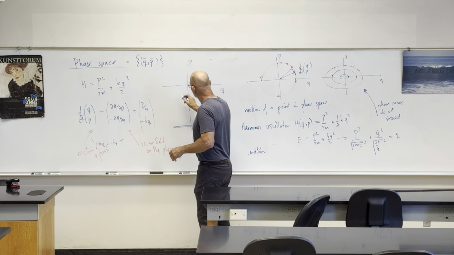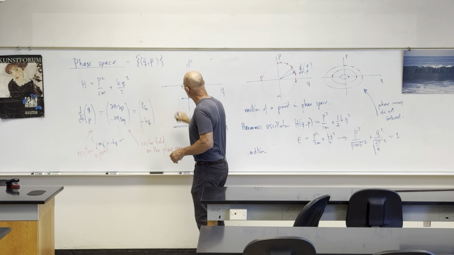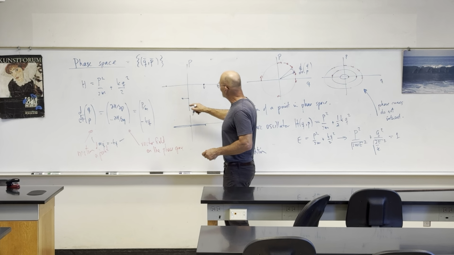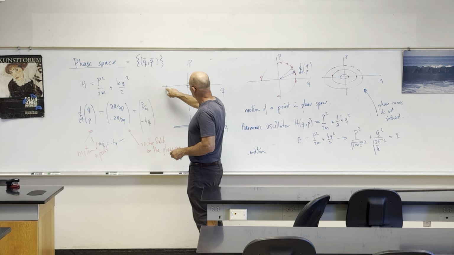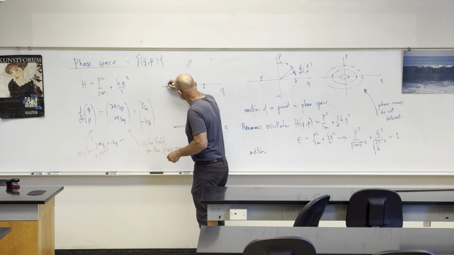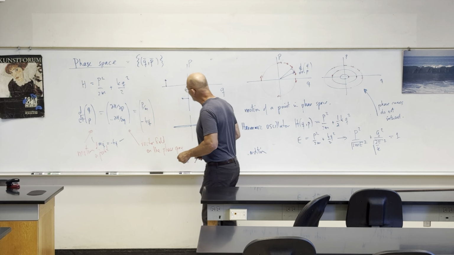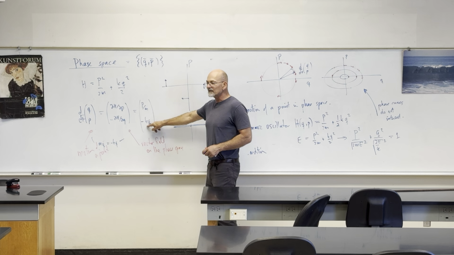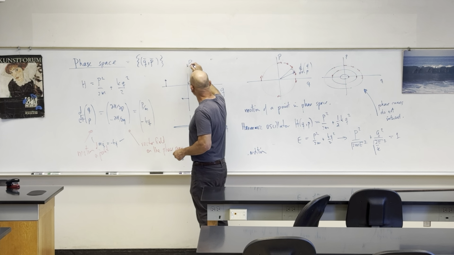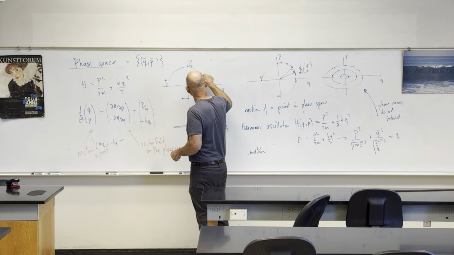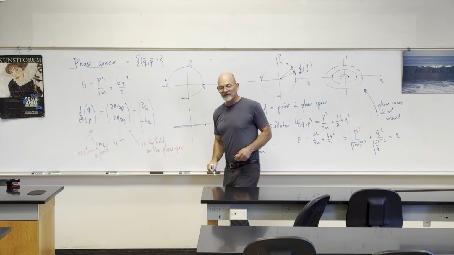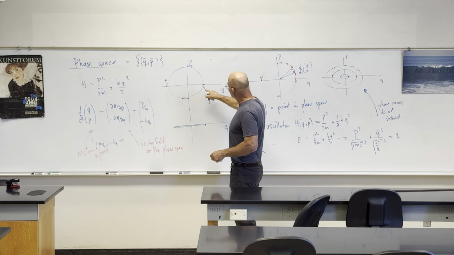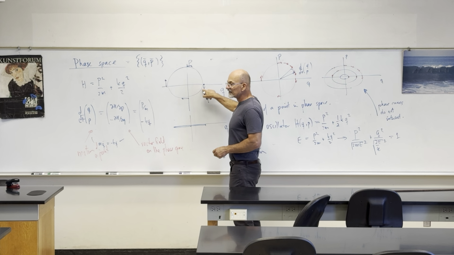When I get here, I'm going to be at minus q, but I'm going to have 0 velocity, like that. Because that's that component of the vector field. Okay. So yeah, we're going around in this circle here, or ellipse, as we want. So yeah, you can see it's always clockwise.